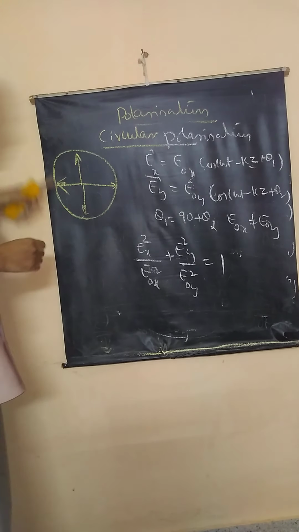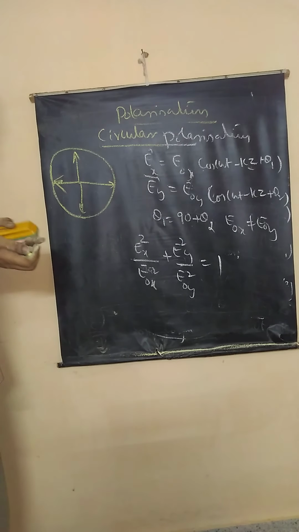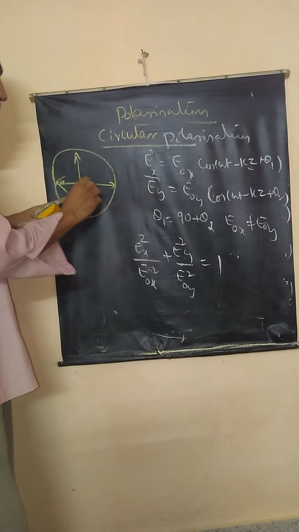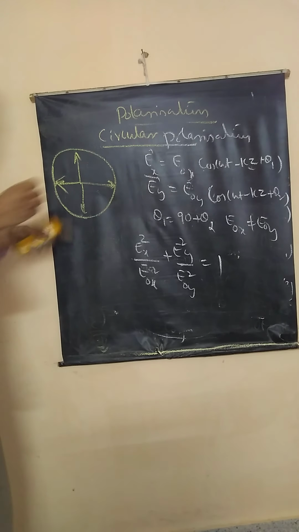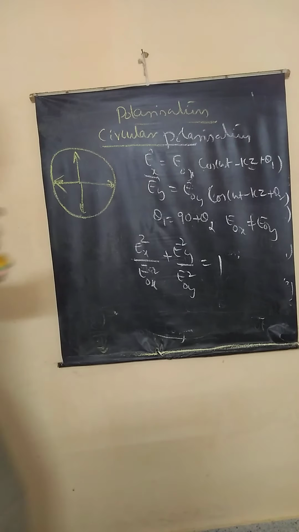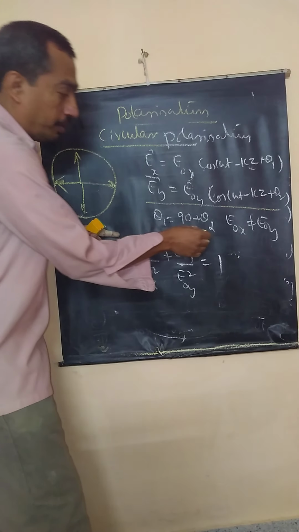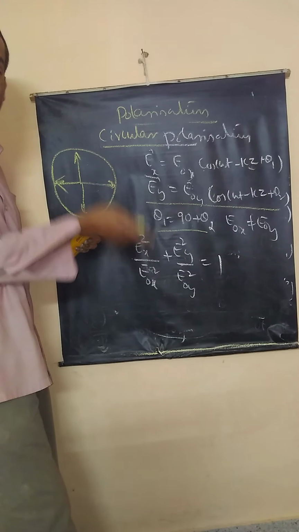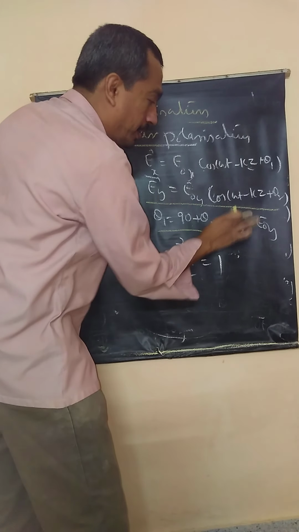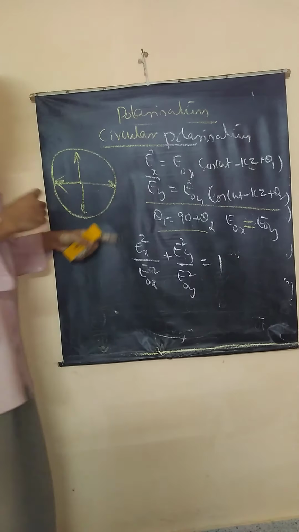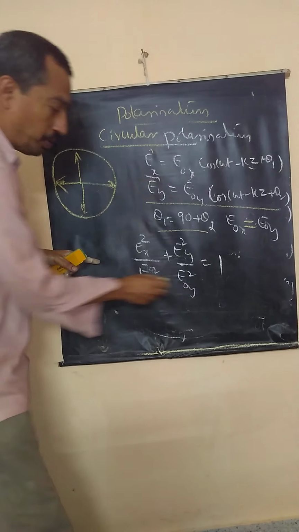Okay? As the wave propagates, its magnitude will remain the same. See here? Only the direction is changing. How does it happen here? Look at this. Now here, the phase difference between the two components remains 90 degrees, but the magnitudes of the two components become equal. Now see here, these two are equal.